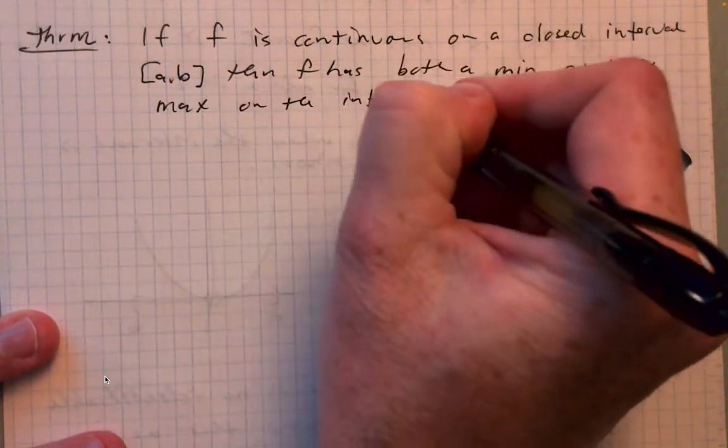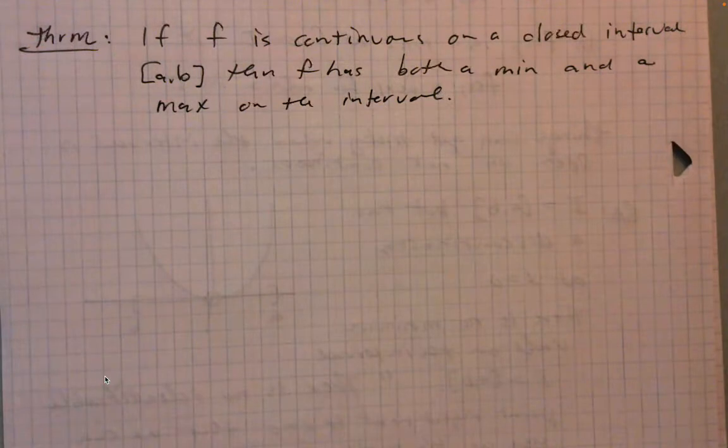Okay, so if it's an interval that's closed and continuous, then you're definitely going to have a max and a min. And we'll do some examples in a moment to talk through that.